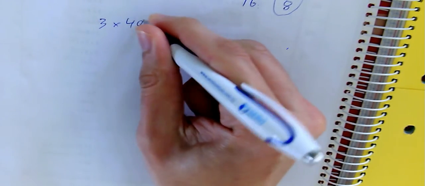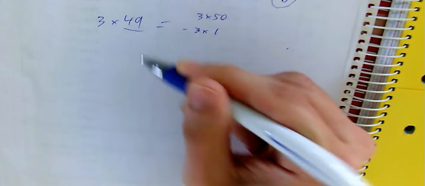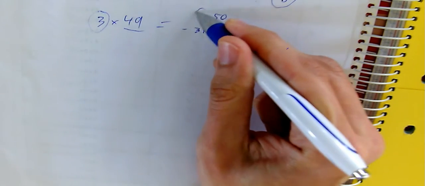So again, just to show, 3 times 49 is going to be exactly the same as 3 times 50 minus 3 times 1. Because do you notice that in this top one, you've got 3 lots of 50. In the bottom one, you've got 3 lots of 1. If you take a 1 from each of those 50s, it's 49. And in both examples, you have 3 lots of them.